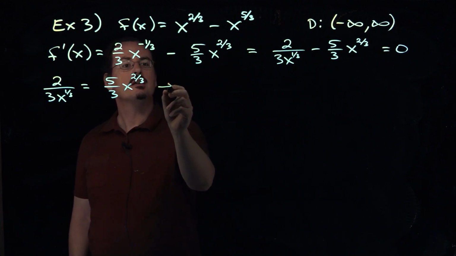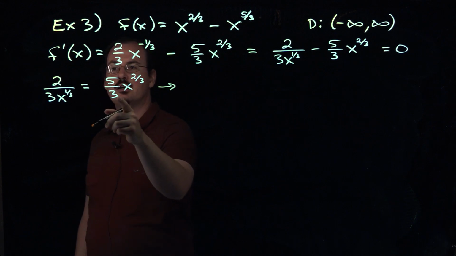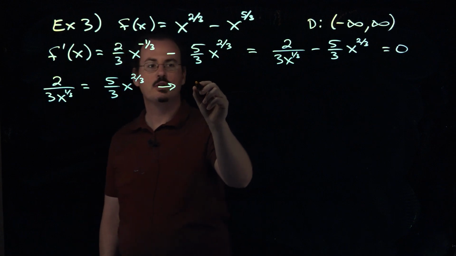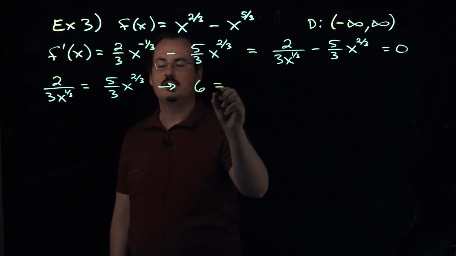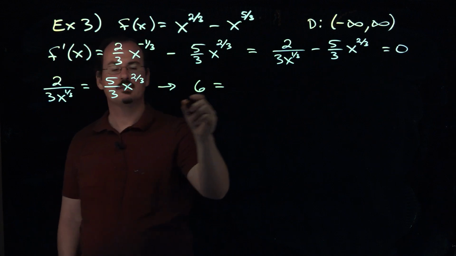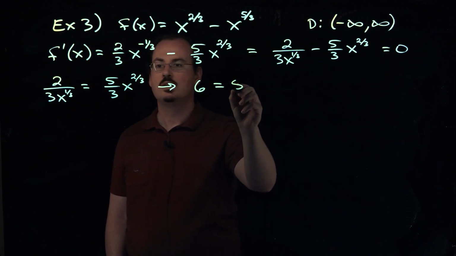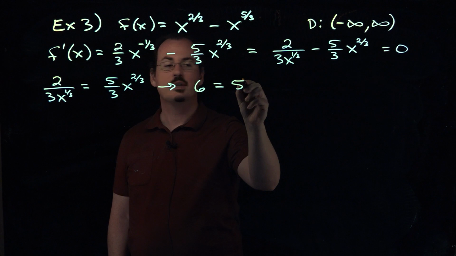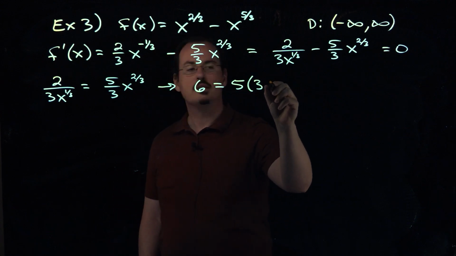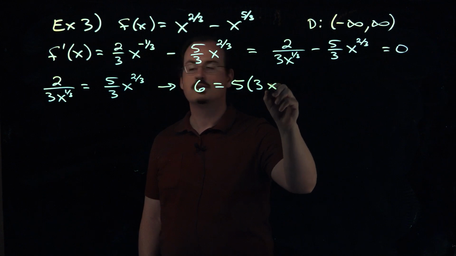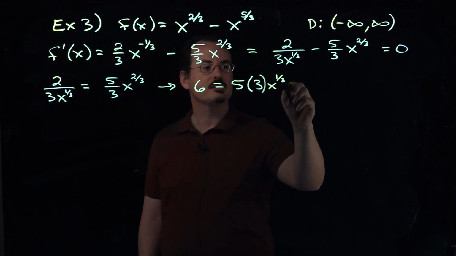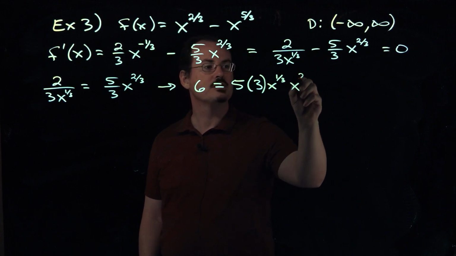Same thing. So if we cross-multiply here, we're going to get the denominator here is 3, the numerator here is 2. We're going to get a 6. And then on the other side, this 3x to the 1/3 times 5x to the 2/3. So we'll get 5 times 3, and then we've got an x to the 1/3, and then we've got an x to the 2/3.